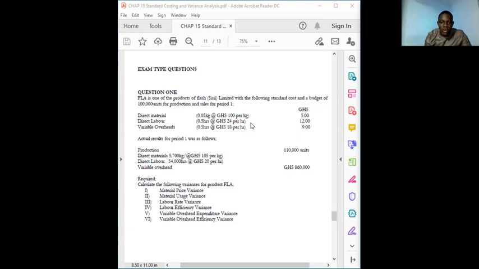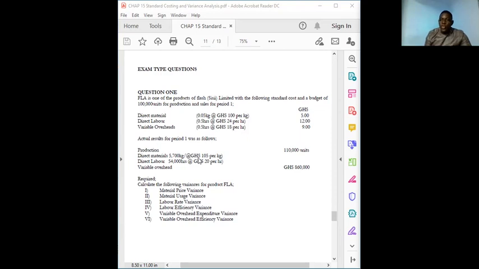Then we look out for actual hours. Now, here we say that the actual labor hours spent was 54,000 hours. So our actual hours is equal to 54,000 hours. So our labor rate variance is equal to AR, which is 20, minus SR, which is 24, at actual hours of 54,000. Okay, good.